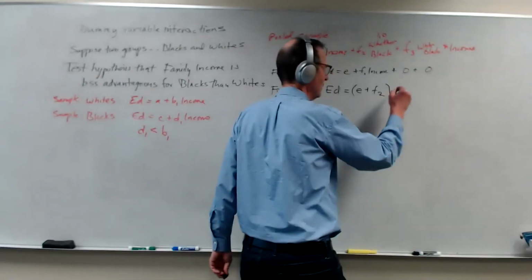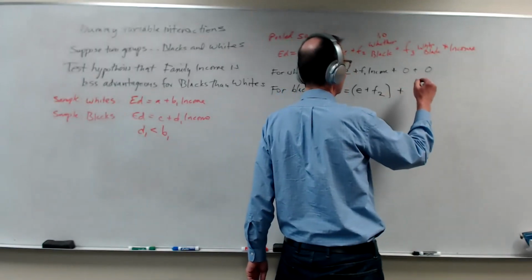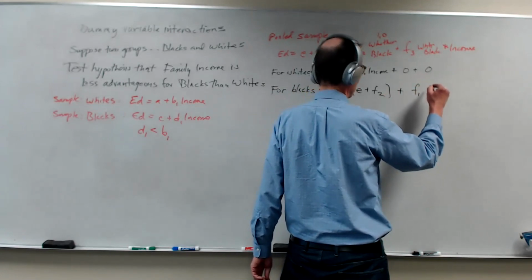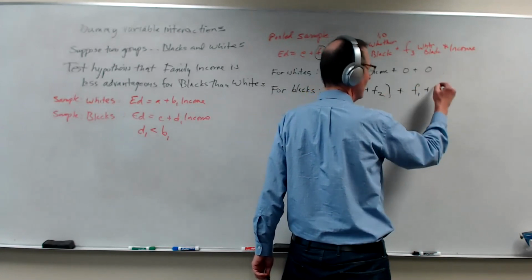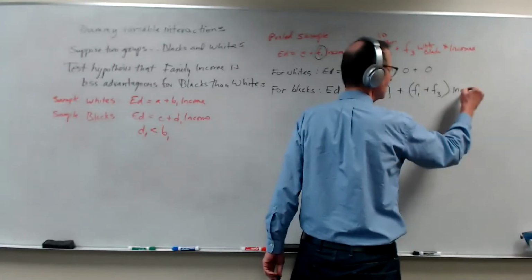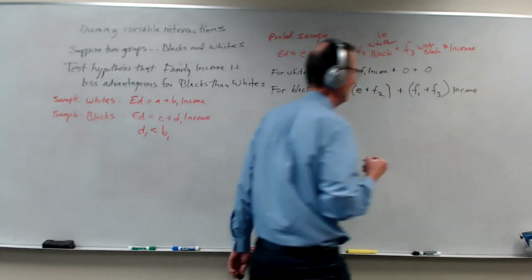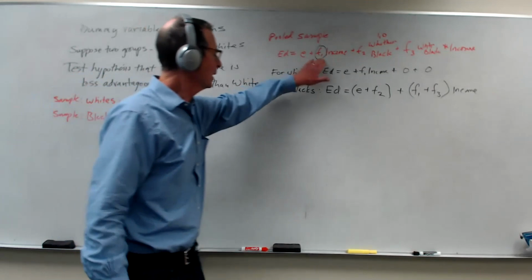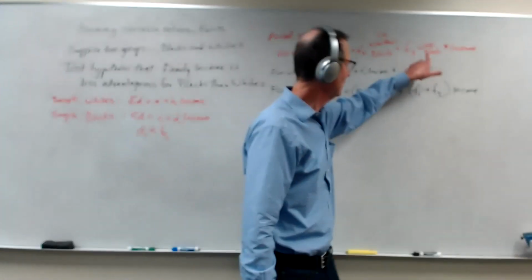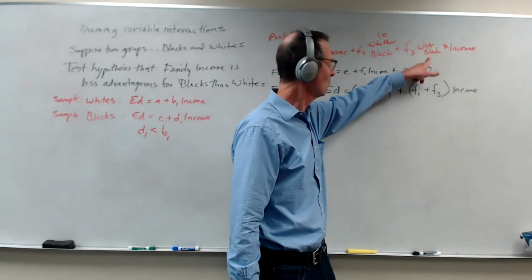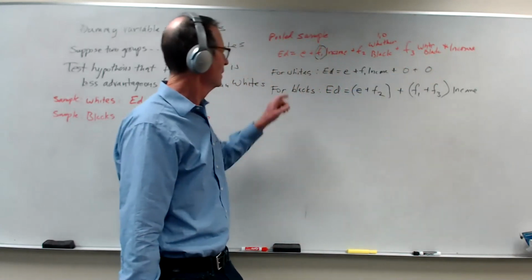That's the new constant. And then you're going to have F1 plus F3 times income, right? Because we've got F1 income here, and we've got F3 times income. These are all going to be equal to 1 for the blacks.